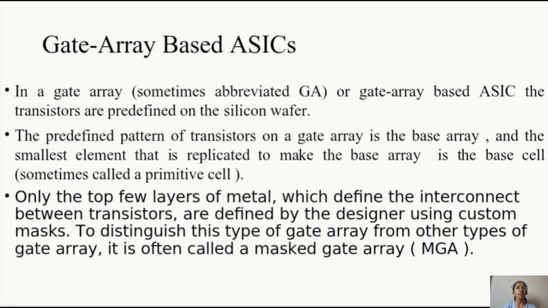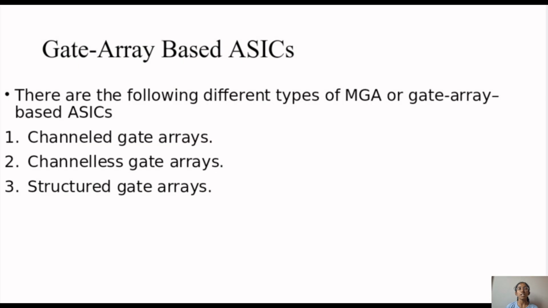The predefined pattern of transistors on the gate array is the base array, and the smallest element that is replicated to make the base array is the base cell, sometimes called a primitive cell. On top of this, a few layers of metal are defined that interconnect the transistors, and they are defined by the designer using custom masks. To distinguish this type of gate array from other types, it is often called a masked gate array.